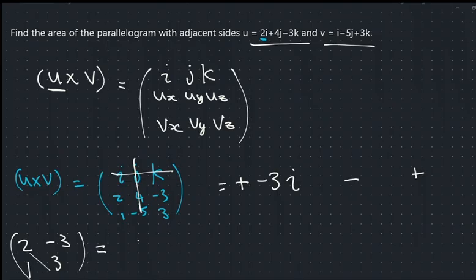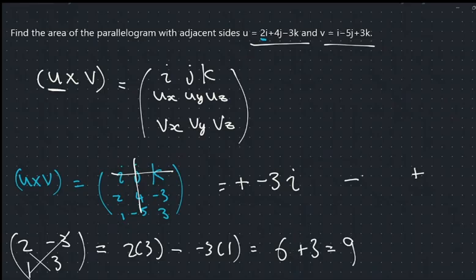So 2 times 3 minus -3 times 1. So it's going to be 6 minus -3, so plus 3, which is equal to 9. So this is our second value here. Minus 9, that's going to be j.